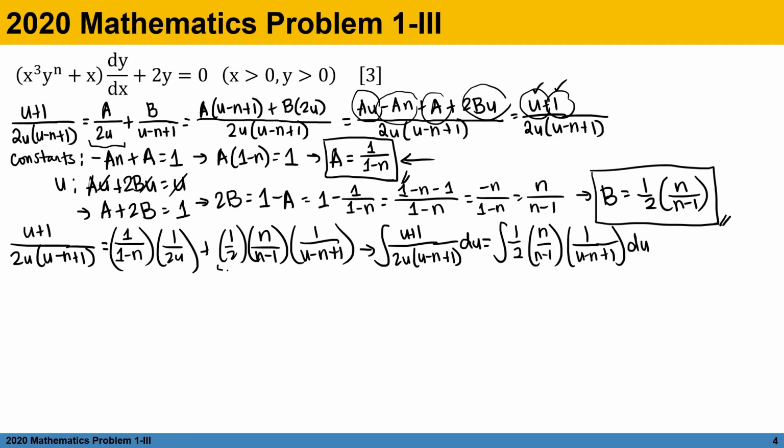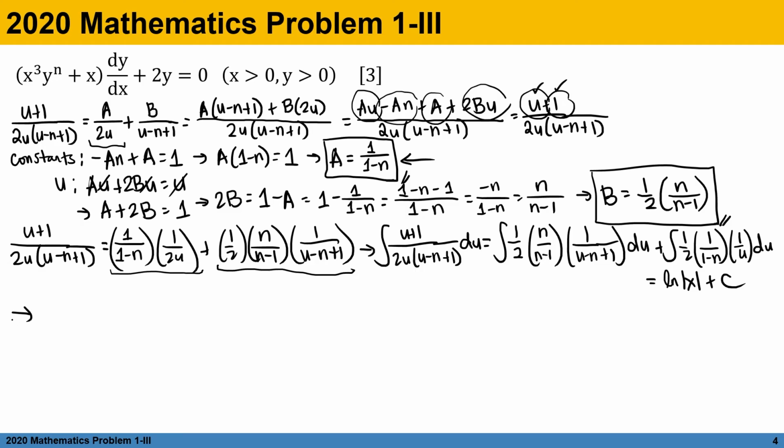This is from the second term. And then for the first term, we have plus 1/2 times 1 over 1 minus n times 1 over u du. Also, from the right-hand side of the original equation that we have derived before, this is equal to ln of x plus c. And this is easier to evaluate.